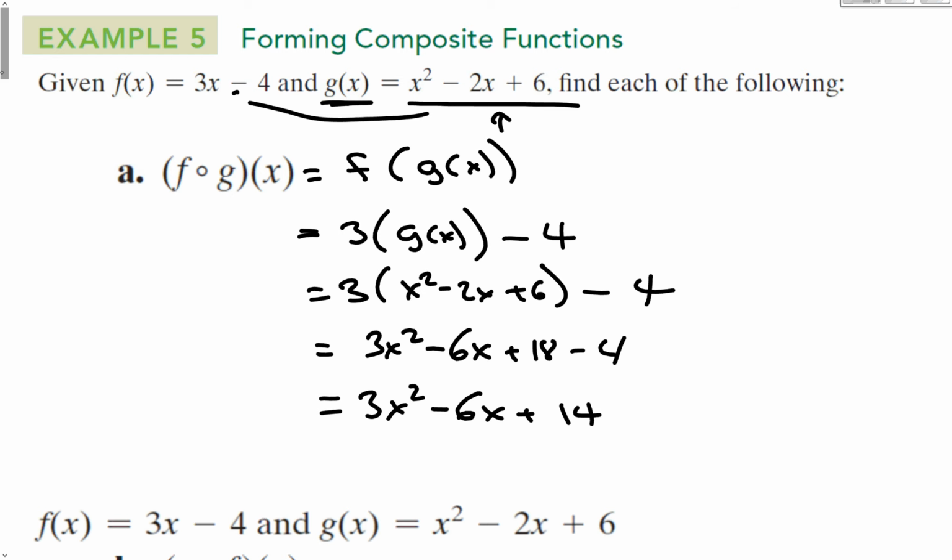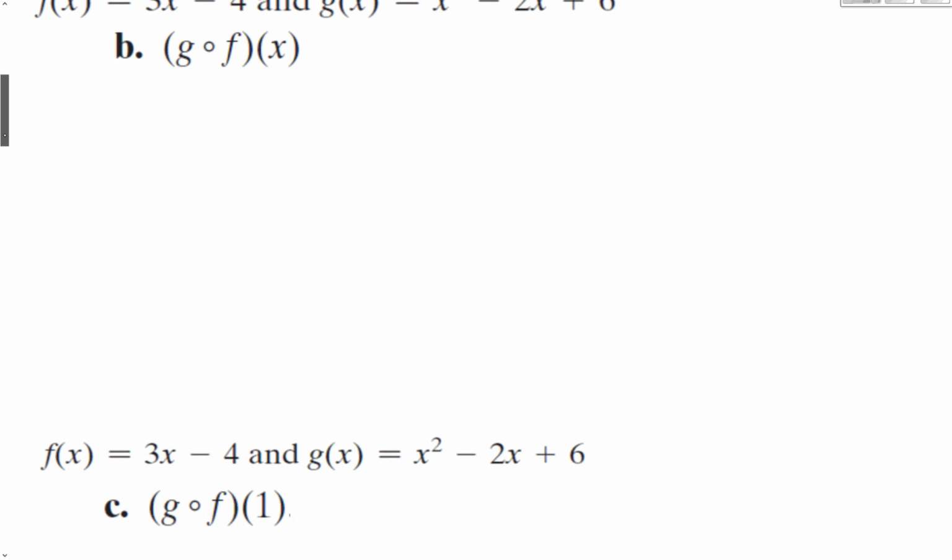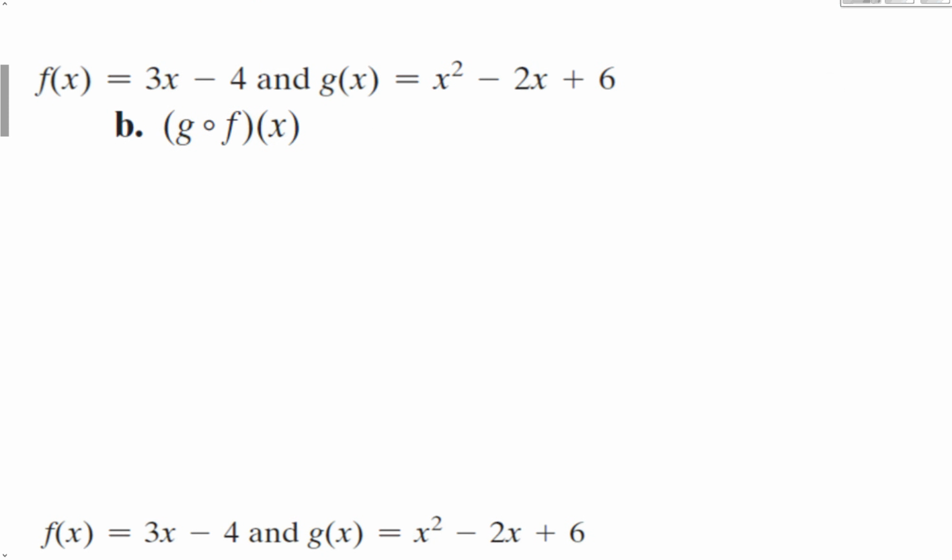Okay, let's go the other way. Let's do g of f of x. So now this means g of f of x. So now f replaces the variable in g. Now this one gets a little more complicated because I've got a squared. Okay, I've got a quadratic.